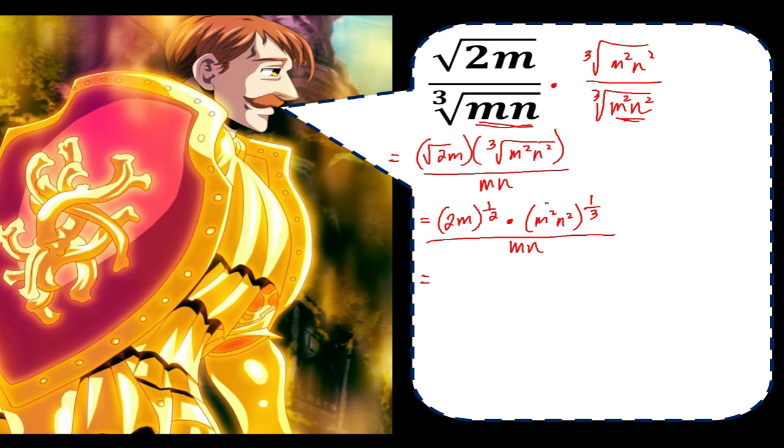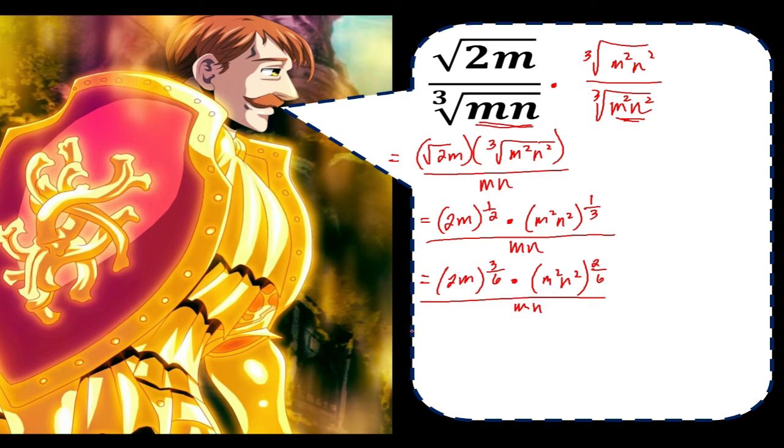Then, multiply na natin dalawa. But before we multiply, make sure na para sila ng denominator na exponent. So, 2m, ang LCD ng 2 at 3 ay 6. Kaya po ito, 1/2 will become 3 over 6. Multiply to m square n square, 1/3 is 2 over 6 over mn.